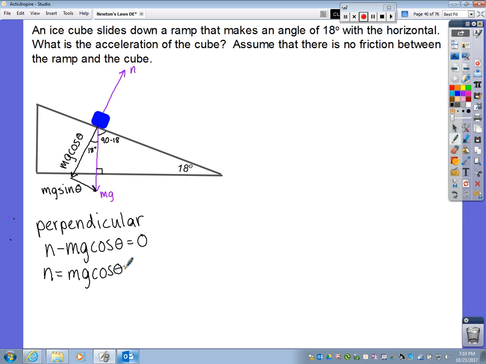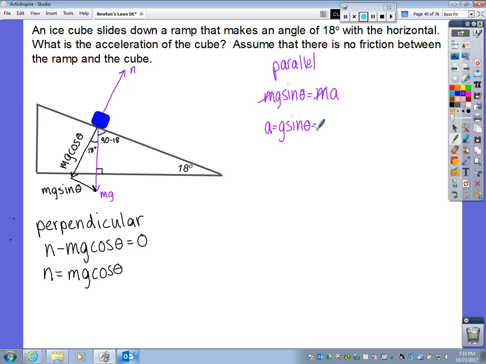But that's not actually going to help us very much. Let's look at the forces parallel. We've got just this mg sine theta. mg sine theta equals ma. And if we divide by m, the m's cancel.